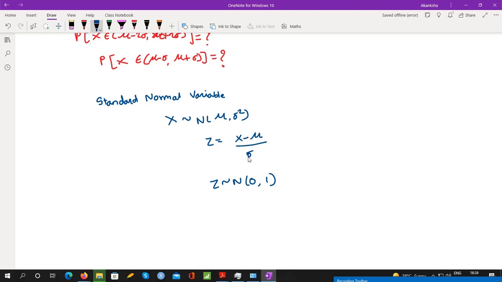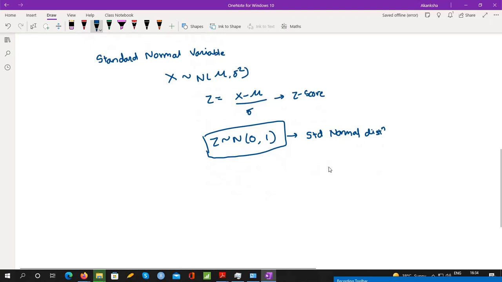So sigma square gets cancelled and you get z following normal 0, 1. So this is known as the standard normal distribution, and this is also called the z score.